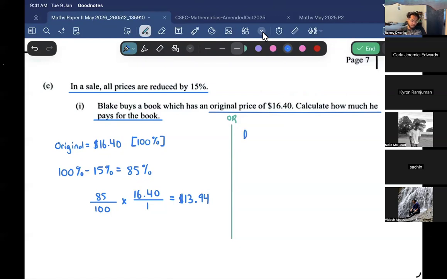So we could actually find a discount, and a discount would be 15 over 100 multiplied by 16.40 over 1.